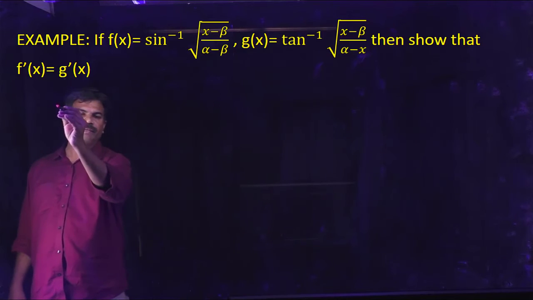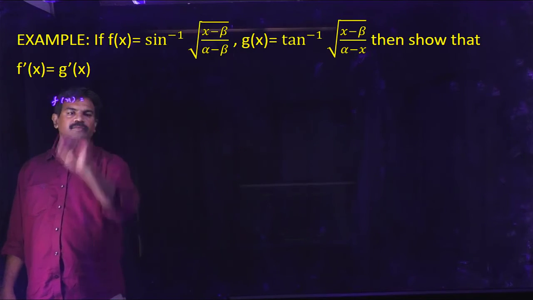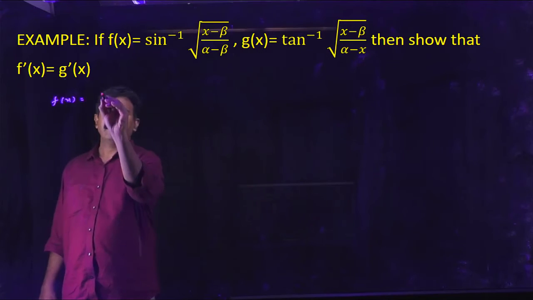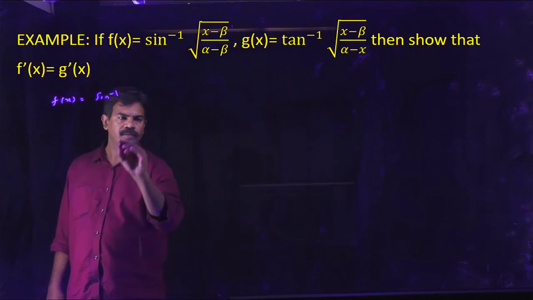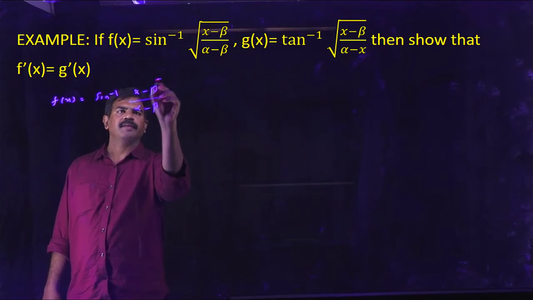Take first f of x. It is f of x is equal to sin inverse of root of x minus beta by alpha minus beta.